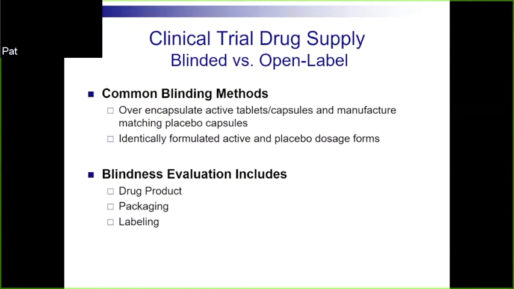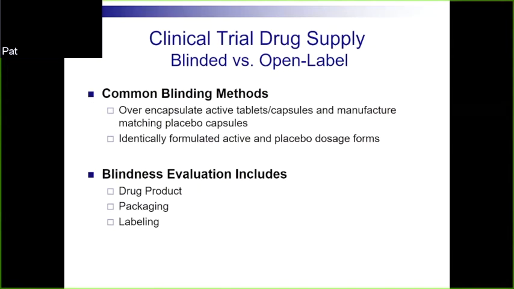So if we're going to try and blind an existing commercial tablet or capsule, the most effective and simple way to do this is to have a contract manufacturer over-encapsulate that commercial product into a larger capsule or tablet, and it'll be mixed with a little inactive ingredient to prevent that tablet or capsule from rattling around inside of a larger capsule shell.